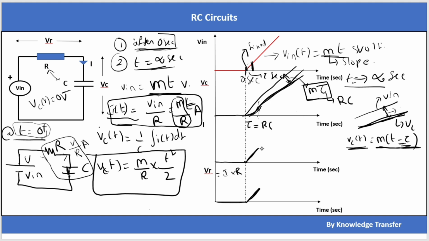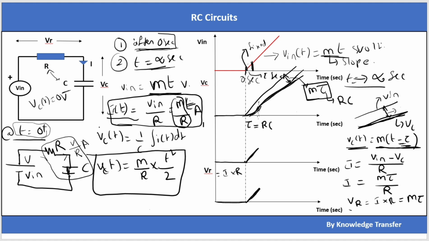Now if I draw the current I, because there is a fixed difference between the Vin and VC voltage, at infinite time, t equal to infinity, I will be (Vin minus VC) divided by R. Vin minus VC is m into tau, divided by R. And VR is equal to I into R, which will be m into tau.